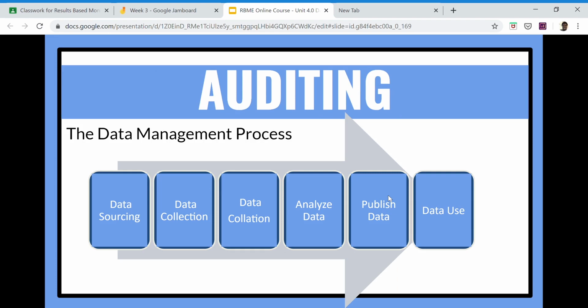At each level of this is when you need data auditing, and you can think about, yes, data sourcing, for example, in a school program where attendance registers of students are needed.